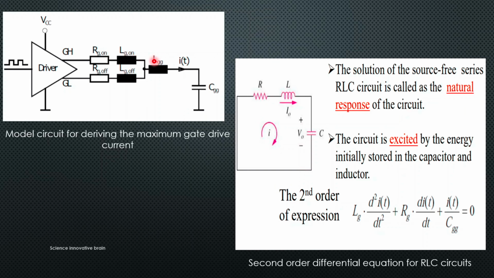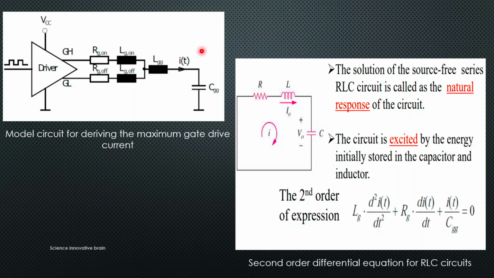L represents the stray inductance coming from the connecting wire, because the gate driver is connected to the IGBT with the help of some wire. That wire produces some inductance, and its equivalent value is represented here.